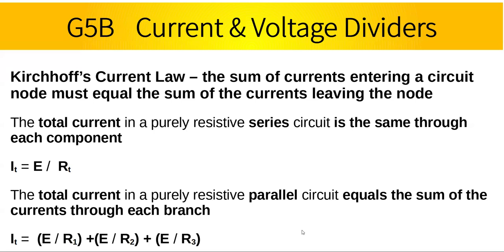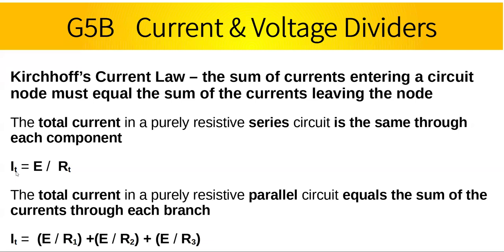The sum, if you do it around the node, will be 0. His voltage law is very similar in that in a parallel circuit, a loop, the voltages around that loop, because the currents can be different, will add up to 0. And it's a fairly simple law.